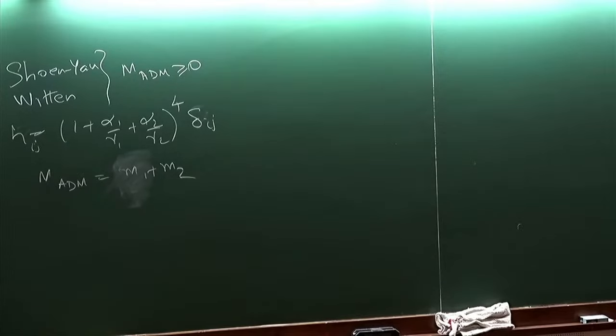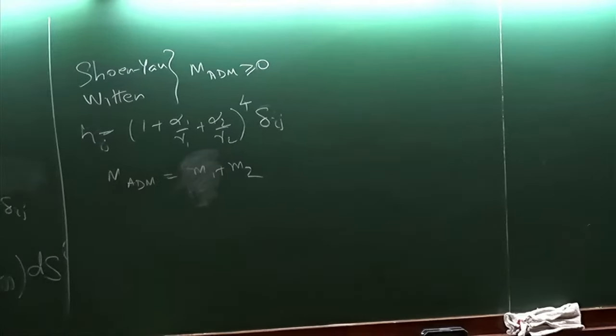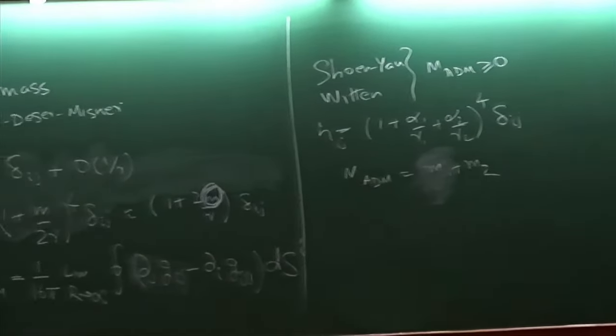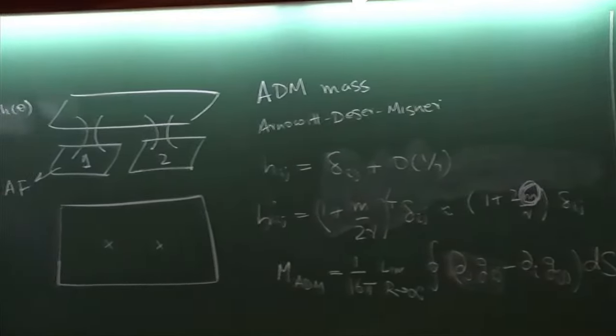Right? So as you realize here, these are asymptotically flat ends. So this is asymptotically flat, and so is that. So in fact, we can apply the ADM mass definition also at these asymptotically flat ends.